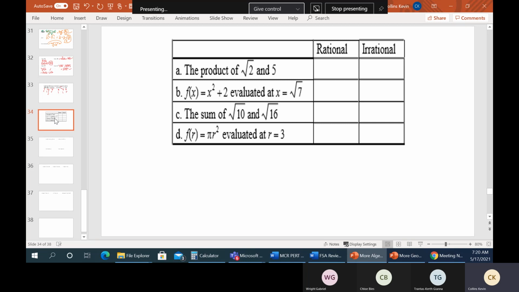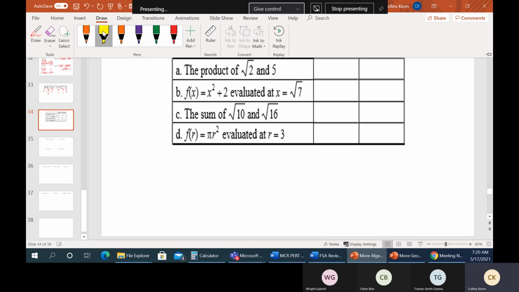All right, so here we're talking about, is a number rational or irrational? And it helps to define what each one of those are. A rational number, notice, has the word ratio in it. That means our answer can be displayed as the ratio of two numbers.